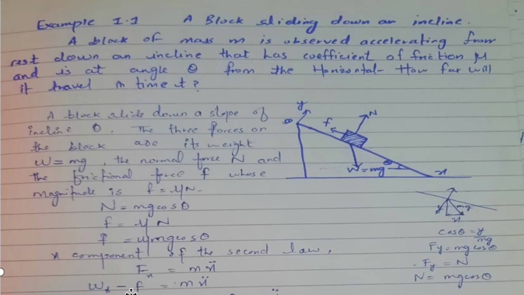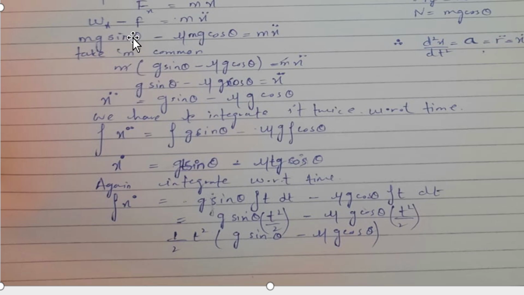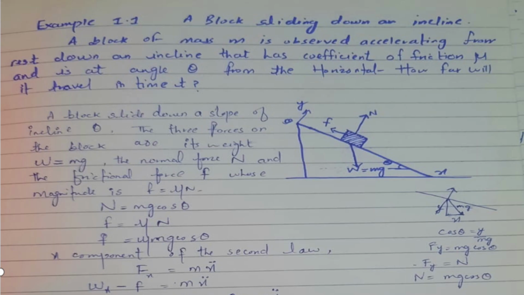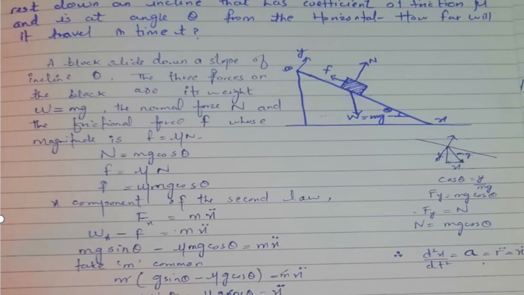So we put the negative sign here, and it equals m times acceleration. So wx equals mg sine theta. You can also find this using these components.